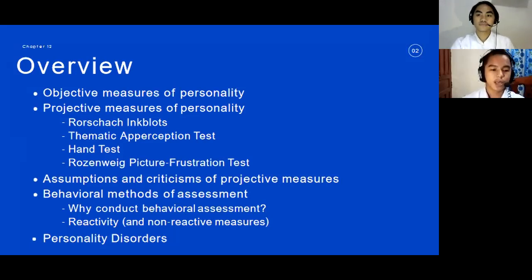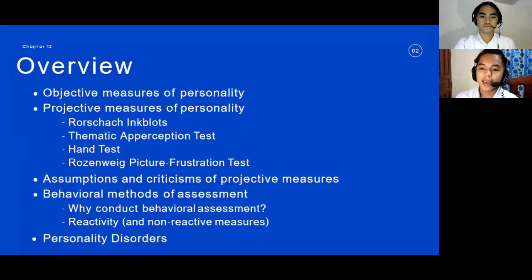For the second part of the discussion, I will be talking about the behavioral methods of assessment, covering the reasons why we conduct behavioral assessment and the reactivity and non-reactivity measures.